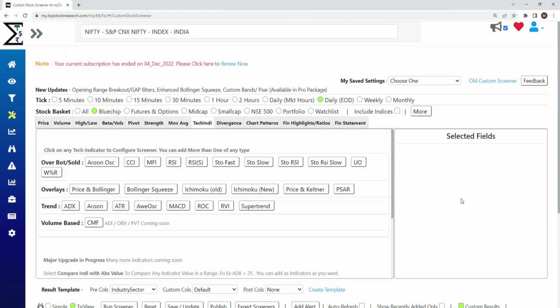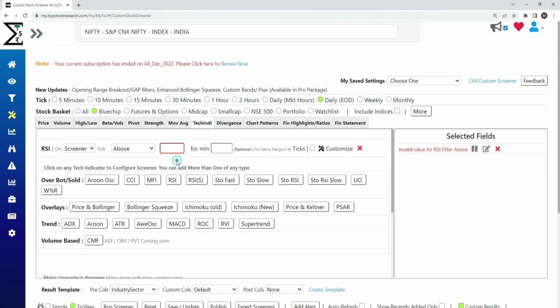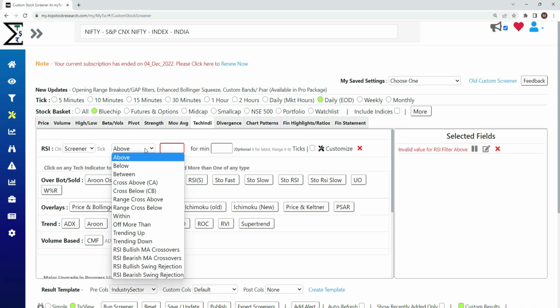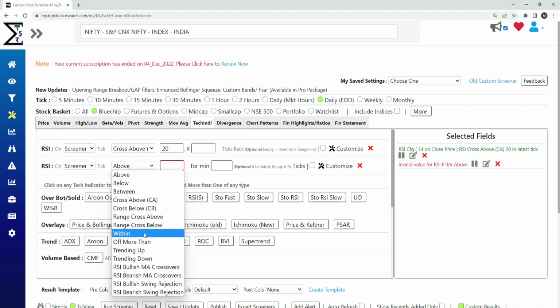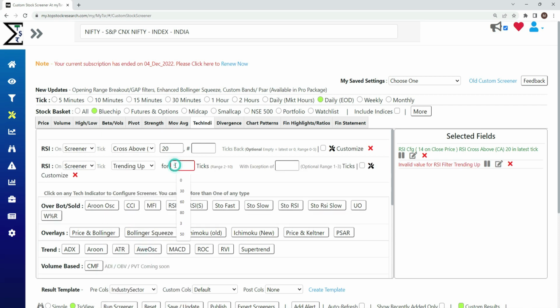If you guys are not familiar with some of the acronyms that we use, over here, if it is cross above, let's say you want to look at 20, right? And even if you want to add one more criteria on RSI, for example, it is trending up for at least 2 days, so that it's crossing and it's not like a whipsaw or a false signal. So you can add these two conditions here.